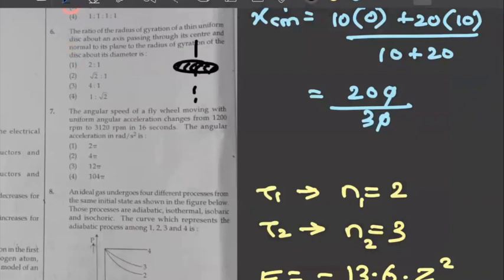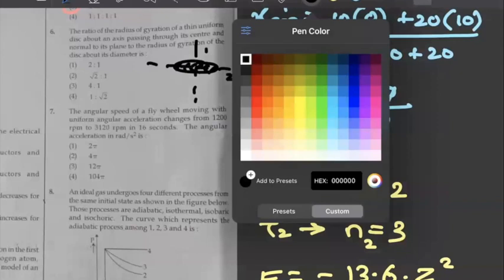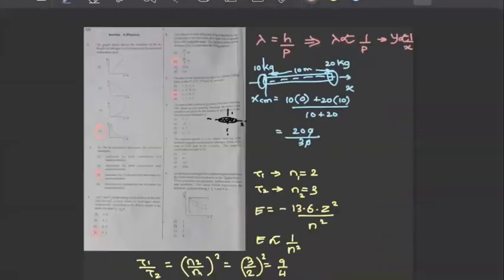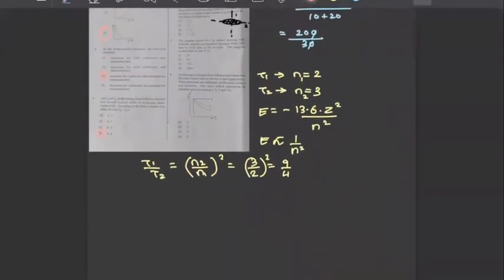So they want the ratio of radius of gyration about this axis to the radius of gyration of the disk about its diameter. So diameter would be this one. So this is axis number 1, this is axis number 2.